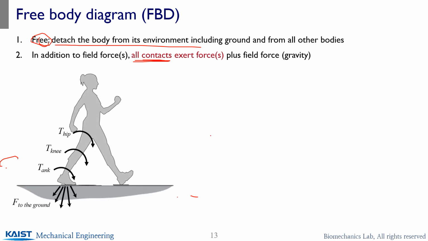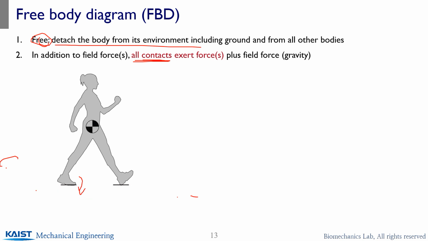To walk, a human requires a propulsive force. Those are generated by the muscle force of each joint, like the hip joint, knee joint, and ankle joint. That will generate the rotational motion of the foot that will push the ground. However, if you want to draw the free body diagram, you have to figure out the forces applied to the body.